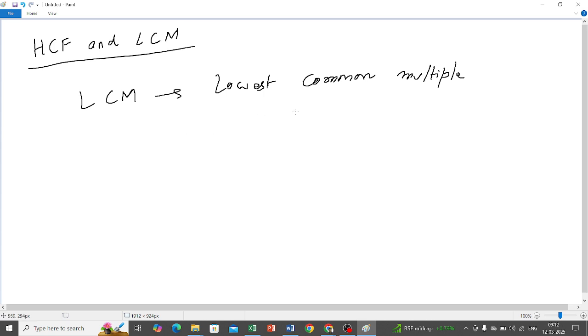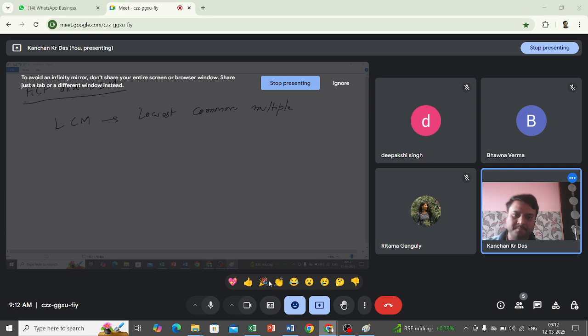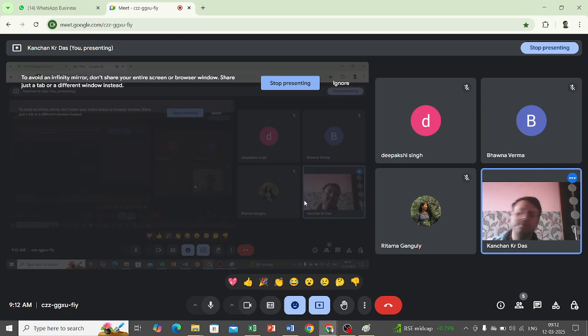LCM is lowest common multiple. Okay, now what does this mean? See, I consider the LCM as the leader of a set of numbers.